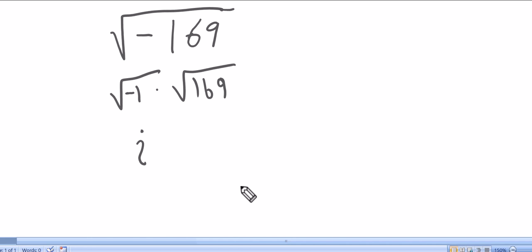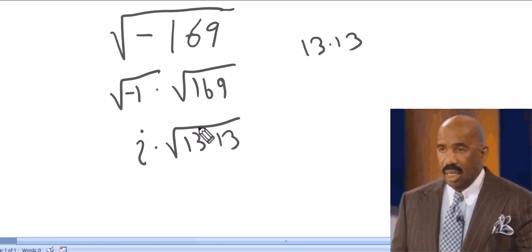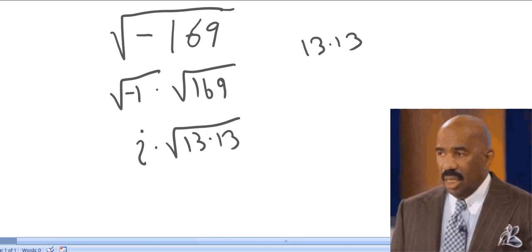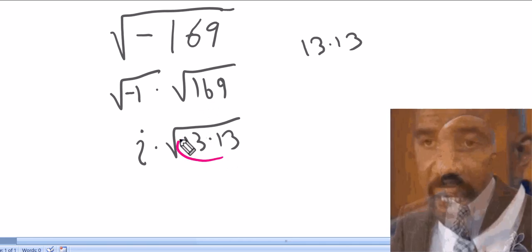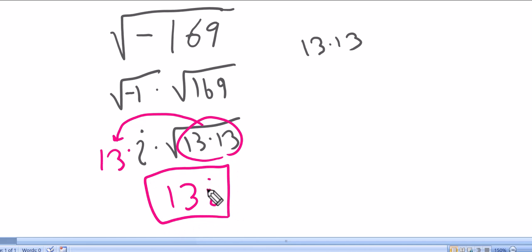Doing a prime factorization tree is a little tricky. 169 is 13 times 13. But, silly people, that's a perfect square. So, if we square root 169, which is 13 and 13, well, there's a whole pair of 13s right there. So, if we end up taking everything out of the square root, we no longer need the square root. So, this one is going to be 13i.